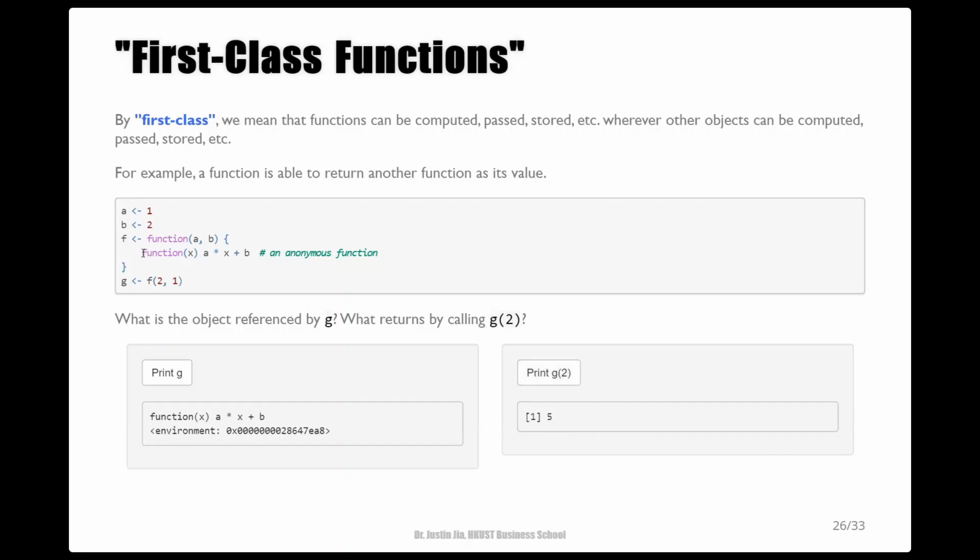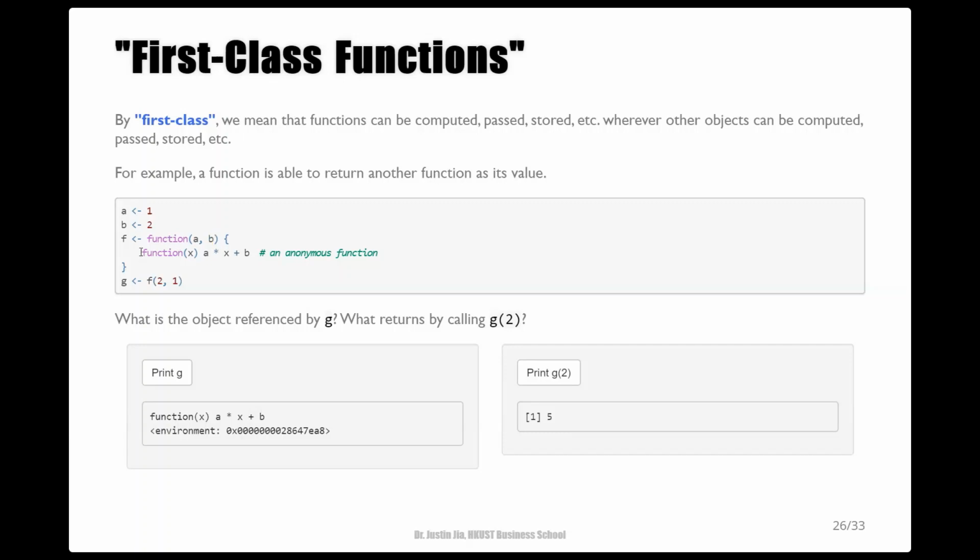Because this anonymous function is created when executing the body of function f, its enclosing environment is the environment that hosts the execution session initiated by this specific call. And in this call, the arguments 2 and 1 are passed in and match these parameters a and b.